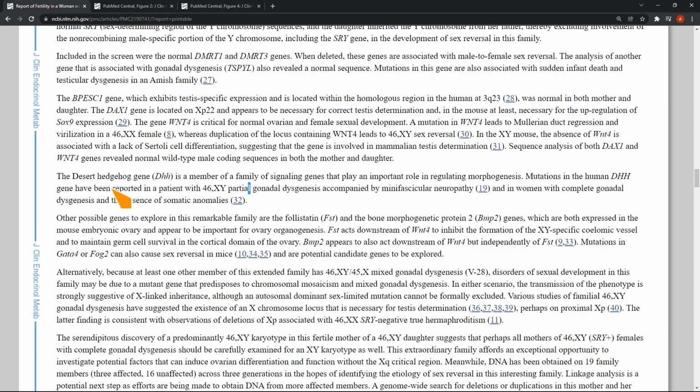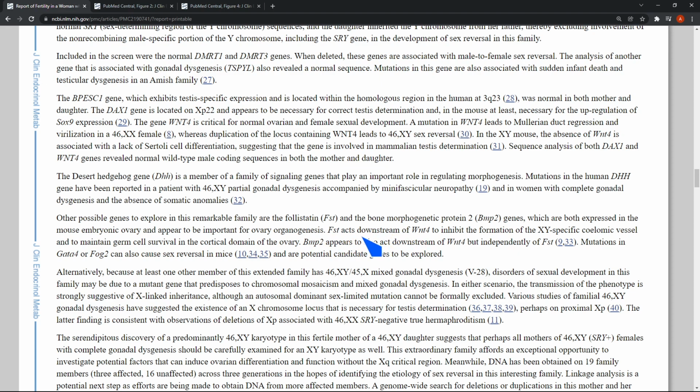So this is the author stating that this DHH is maybe a candidate, at least in other cases. Other possible genes to explore in this remarkable family are the FST and bone morphogenetic protein genes, which are both expressed in mouse embryonic ovaries and appear to be important for ovary making, or organogenesis.